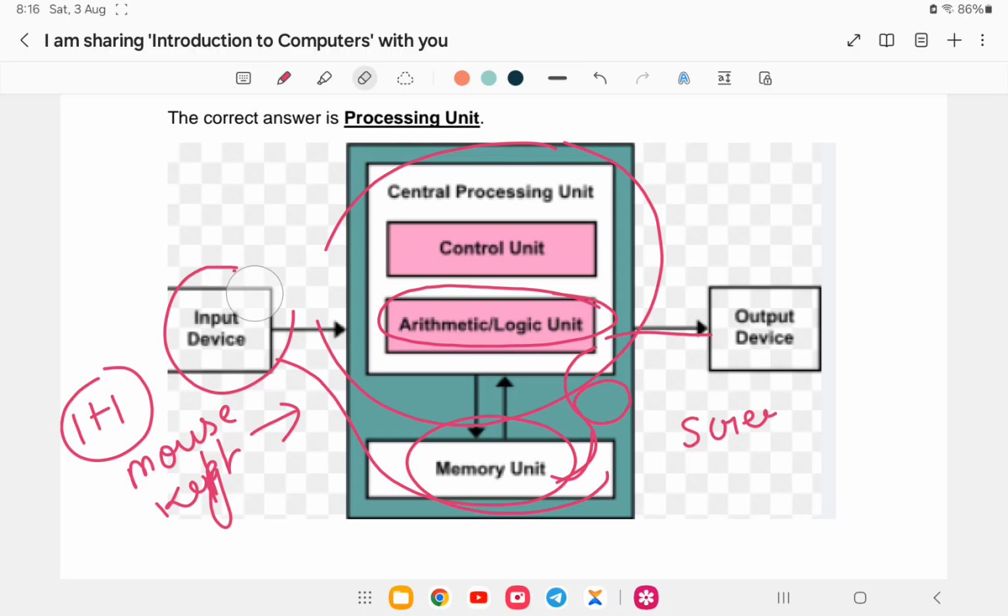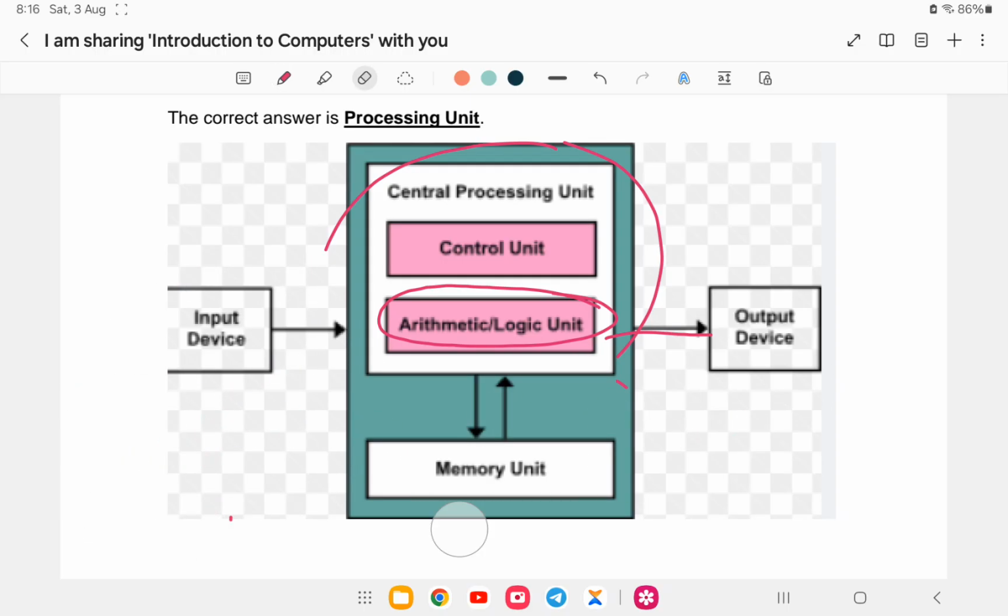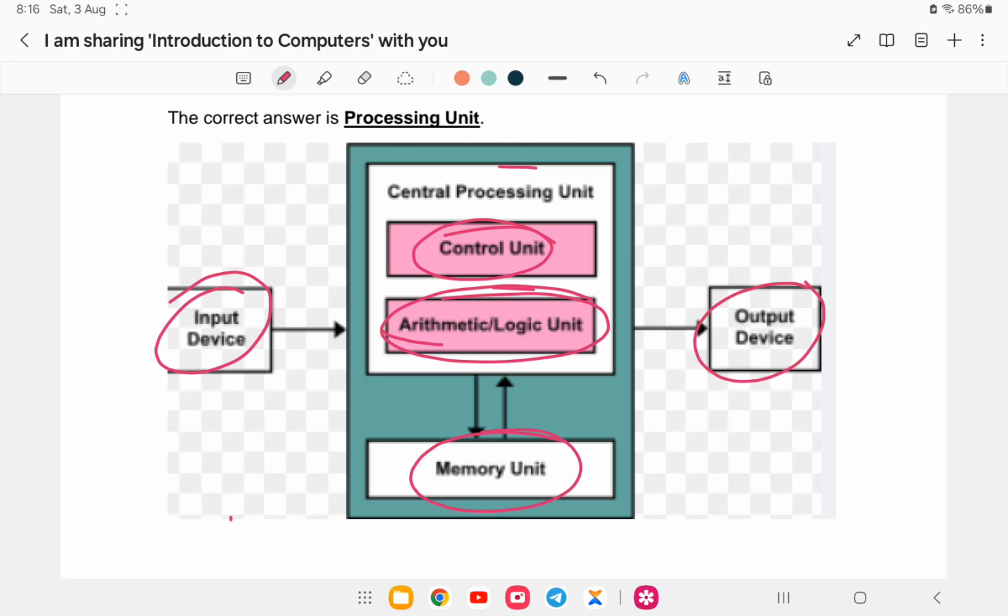So this is the diagram of a CPU: the input device, the control unit and ALU, the memory unit, and the output device for showing the results. I hope you're clear. Let us go to the next question.